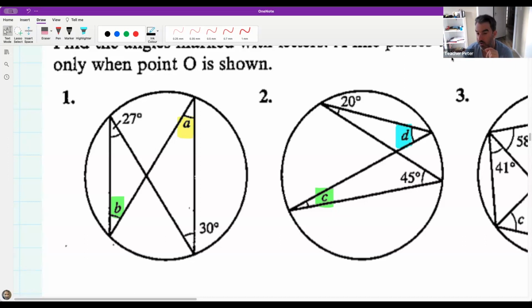Here, there are no parallel lines, so we need to be a bit more careful. We do know this one though. So I think I would try and get what A is first. Pop your answers in the chat.